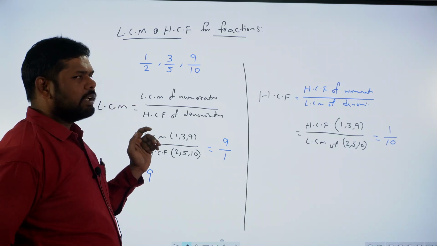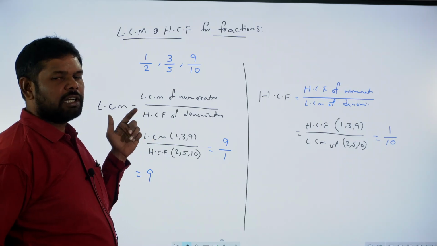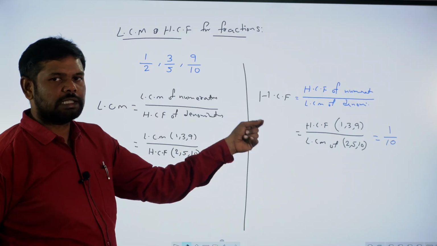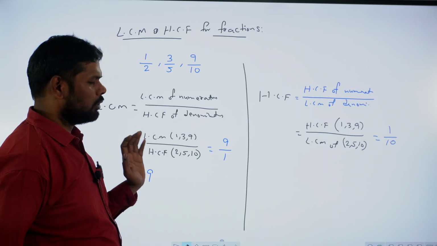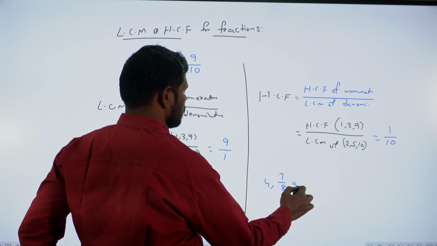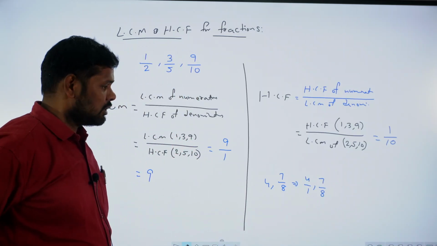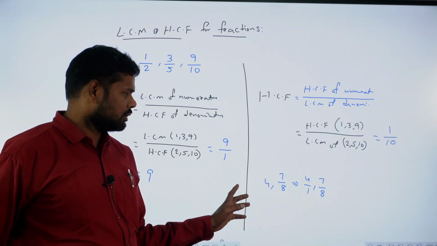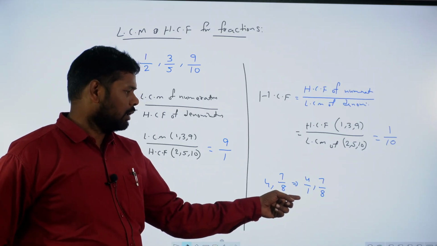So to find the LCM for fractions, take the LCM of numerators and the HCF of denominators. Similarly for the HCF, take the HCF of numerators by the LCM of denominators, and you will get the resultant HCF for the given fractions. Suppose the numbers are 4 and 7 by 8; you always consider 4 as 4 by 1. Sometimes they give direct natural numbers, whole numbers or integers. So 4 is nothing but 4 by 1, and 7 by 8.